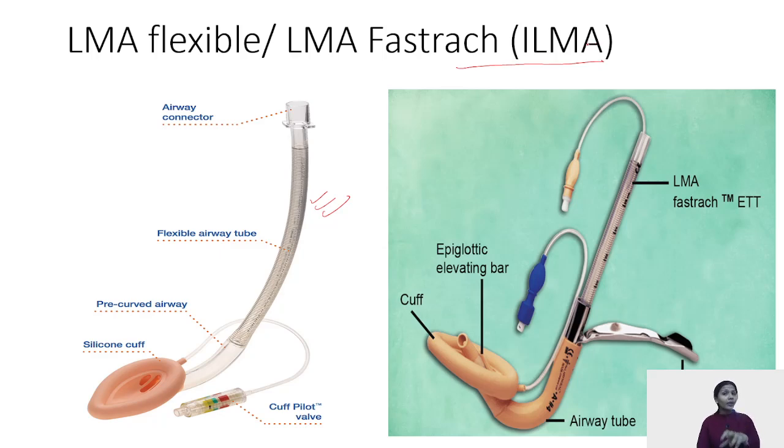The case based on ILMA could be like a difficult intubation case, but only endotracheal intubation is required for the case to take place smoothly. So in those cases, if you have LMA Fast Tracks, these are intubating LMAs and they have an aperture such that the endotracheal tube can be inserted through these LMAs and successful intubation can be done.